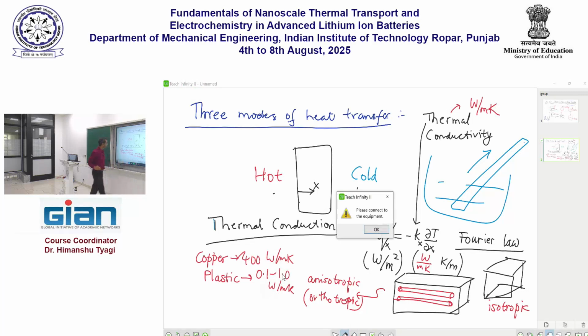These are typically good conductors of heat and these are typically poor conductors of heat. And in the coming lectures, we will see where lithium ion cells fall in this regime. Any questions so far?